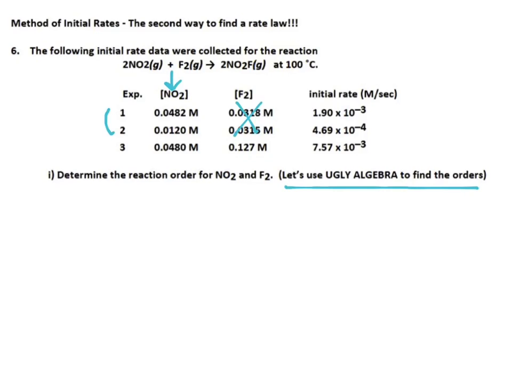So first thing you're going to do is write a skeleton rate law. So rate is equal to k, NO2 raised to the power of x.